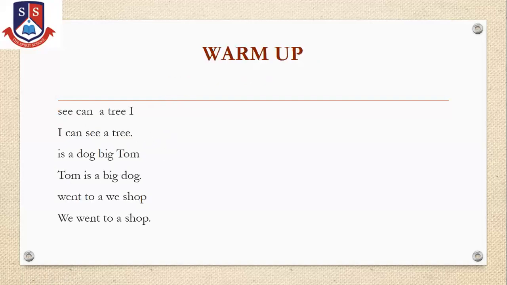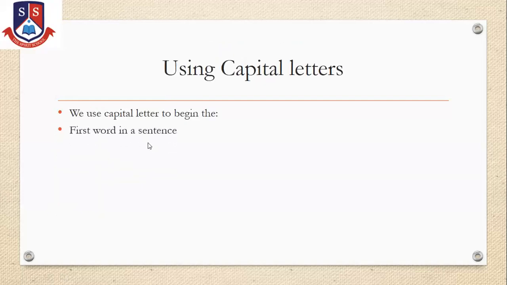You see in this that the first word was We in this sentence. We went to a shop, right? So we started the sentence with the capital letter of the first word, that is We. All right. So the first word in a sentence is always a capital letter.